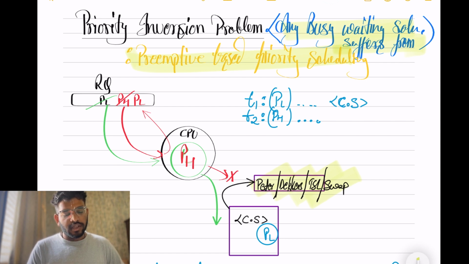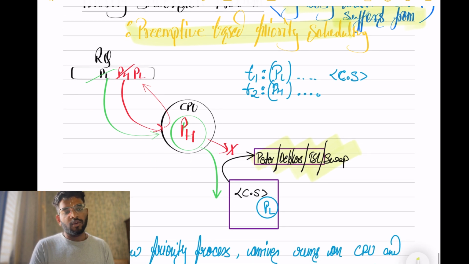So a priority inversion takes place, which changes the priority of the low priority process to higher and the high priority process to lower, so that the lower priority process executing the critical section can come out of it, and then the original high priority process can execute and complete its execution.